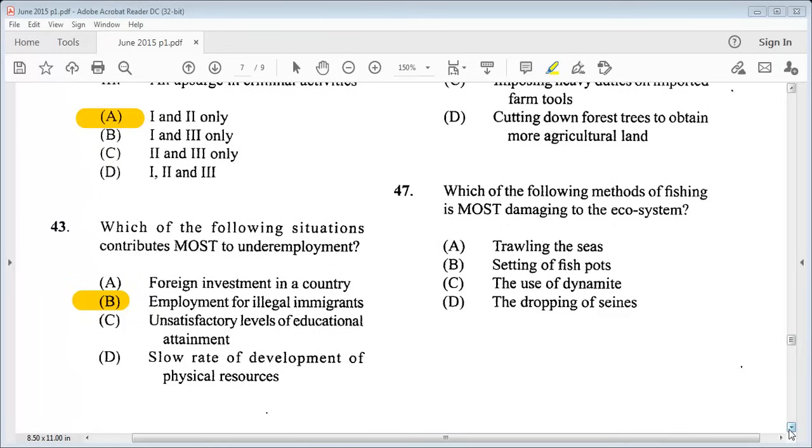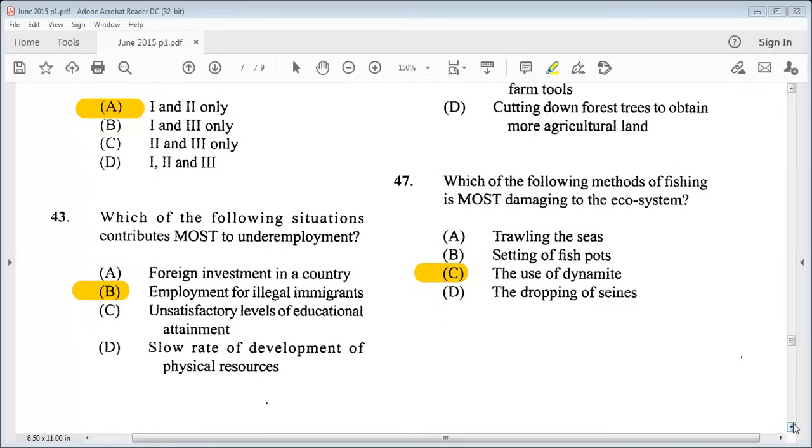Now, this question is one that persons would say has many answer options. The use of dynamite is very damaging, and so is the dropping of signs. Choosing from these two, I am going to go with C, the use of dynamite.